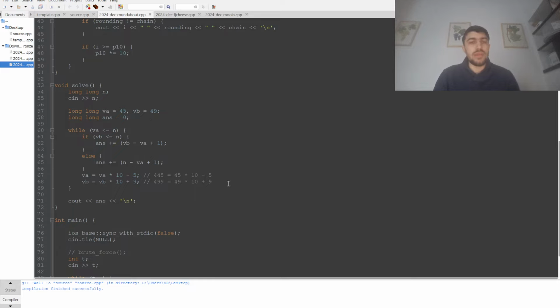And in order to get to the next range, you can observe that I figured out these two formulas, where for the first number you can multiply by 10 and subtract 5. I even wrote here the operations behind it. And for the second number you multiply by 10 and you add 9.